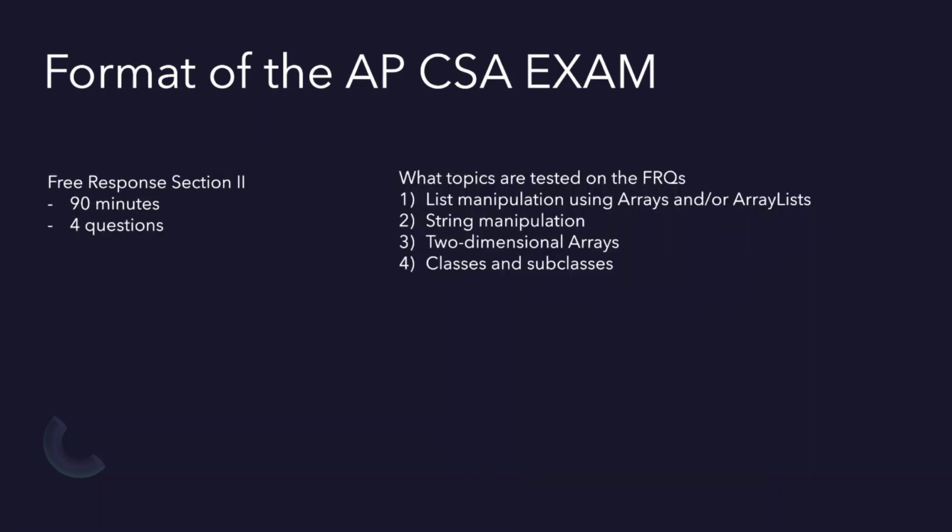The second section is the free response questions, and you have 90 minutes to work on this section, and there are 4 questions. Usually, the topics the free response covers are list manipulation using arrays and/or array lists, string manipulation, 2-dimensional arrays, classes and subclasses.